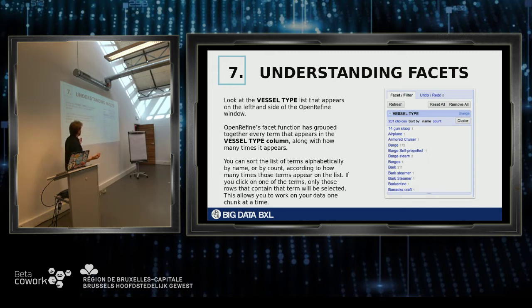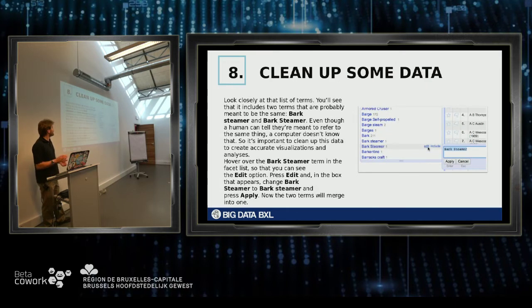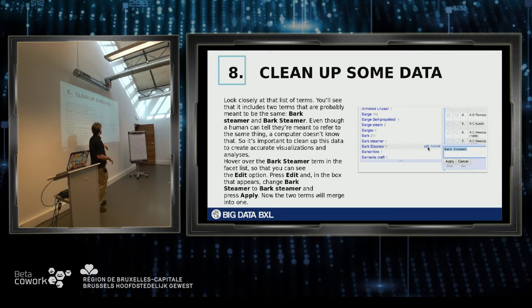So you can sort them according to occurrence, or alphabetically. And then you start looking at this and you say, okay, here I see something, I could improve this. There's bark steamer. Obviously, this is meant to represent the same thing, but they are different just because of capitalization. And so this is where you say, okay, let's fix this manually at first.